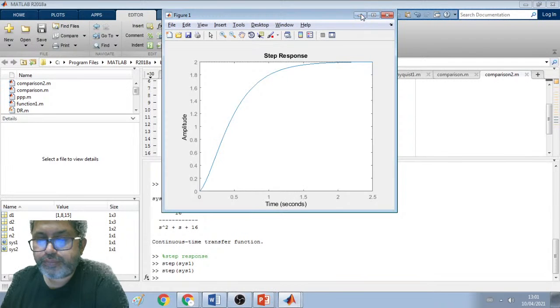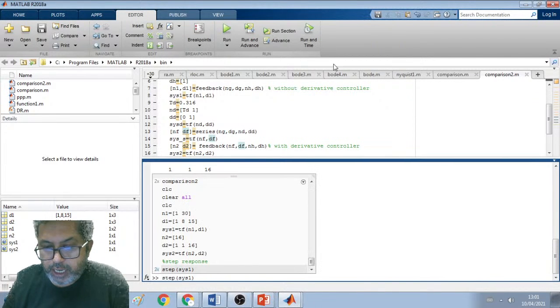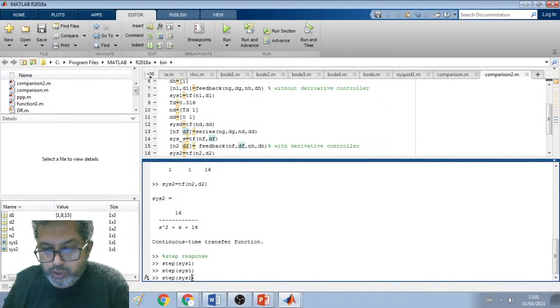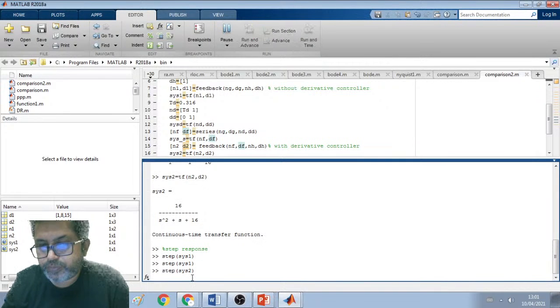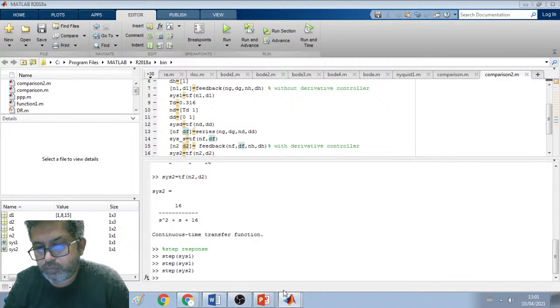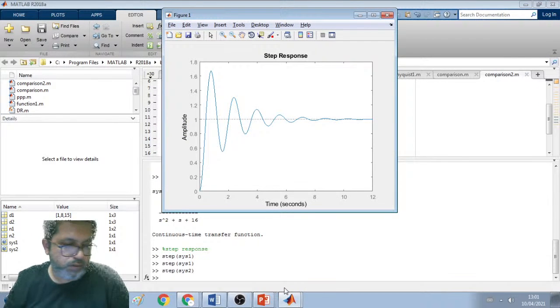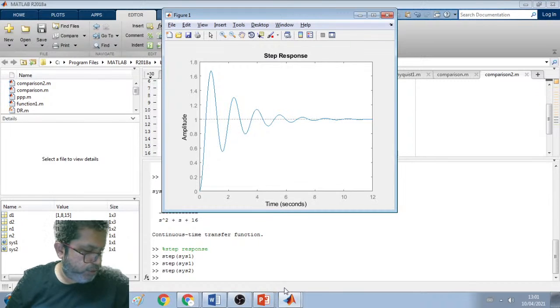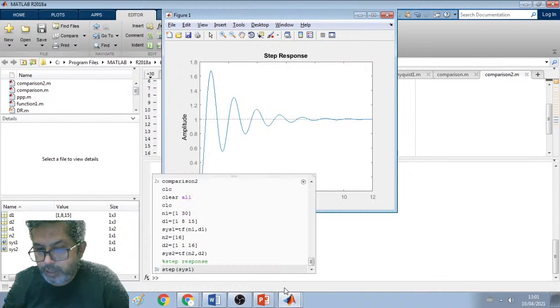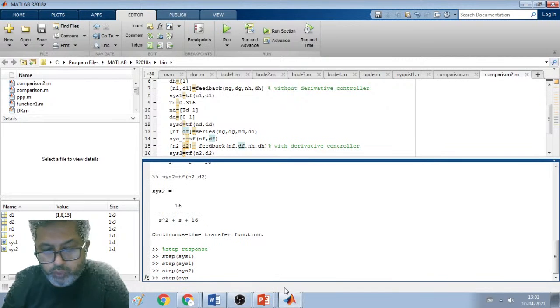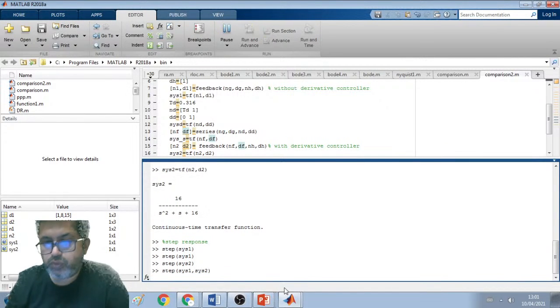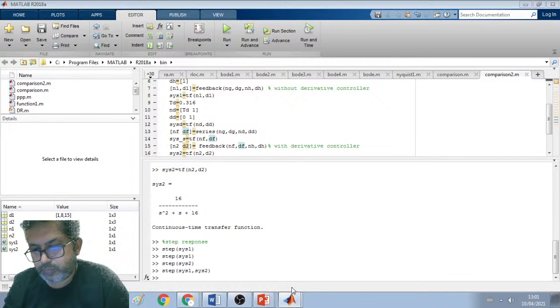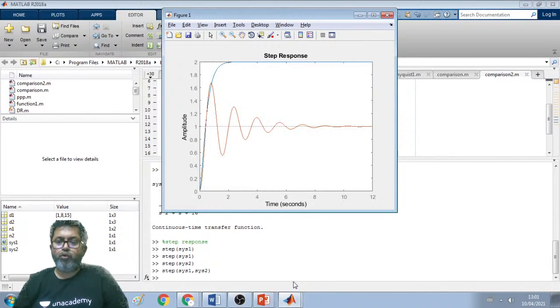Next is step sys2. Next, let us do it in a single plot, sys2, sys1. So the blue one is sys1, and the red one is sys2.